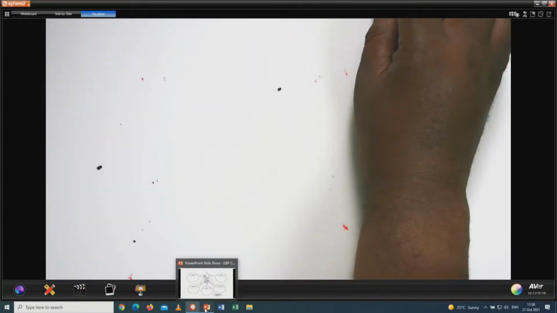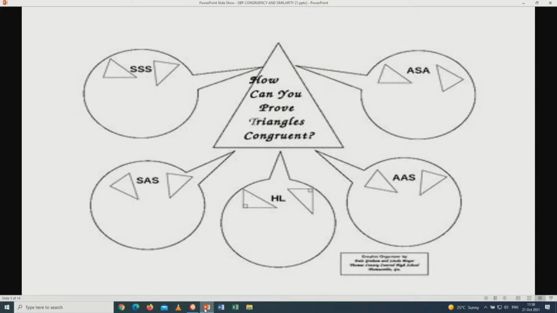Okay, let's continue here. Right, in other words, you'll be looking, like I said, at properties. You'll be looking at the sides. In that case, are the three sides equal? Number one. Number two, an angle, a side in between, and an angle are equal. Of the two, you compare the two. If three sides are equal, then they are congruent. Same shape, same size.